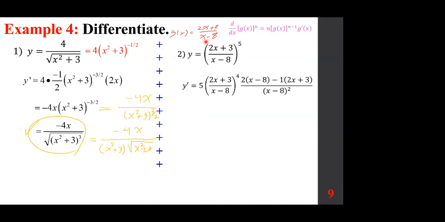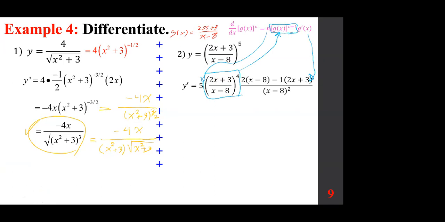So let's see what happened step by step, class. This is n. This is g of x to the power of n minus 1. Okay, let's actually do this. I want to make sure that we understand. So this is n. This is g of x to the power of n minus 1. And this is it. Okay.